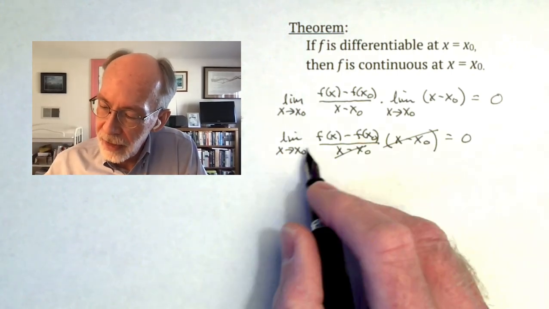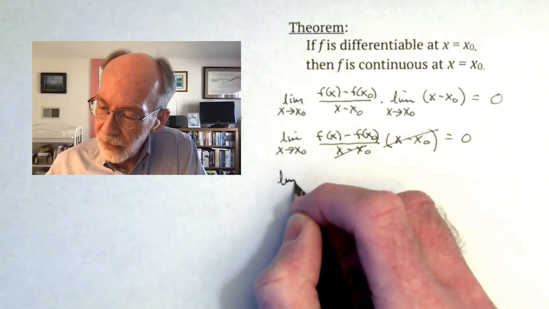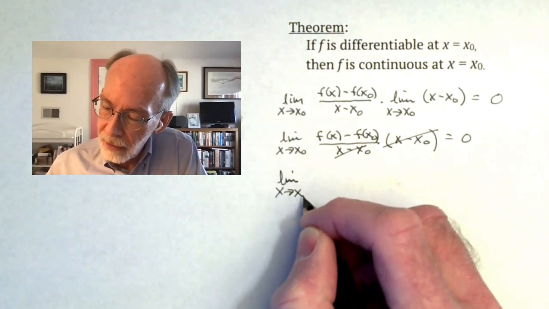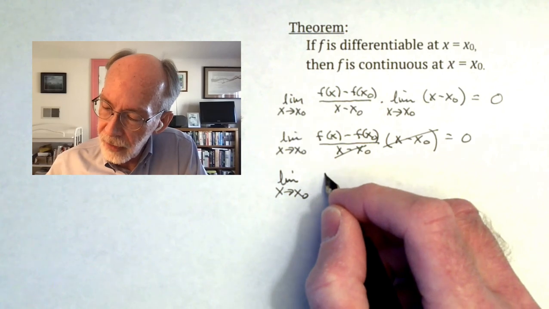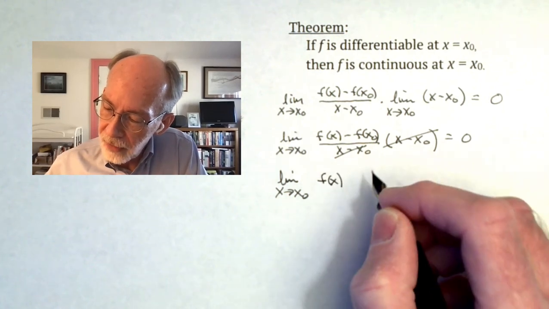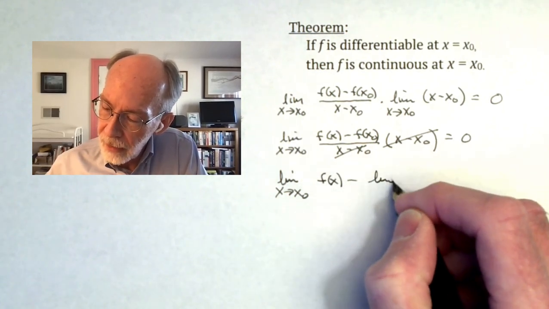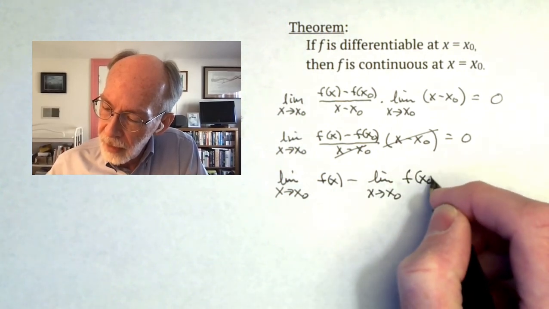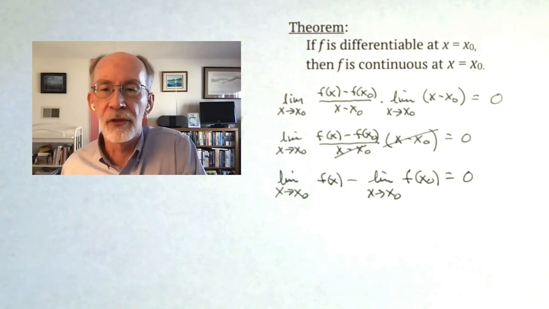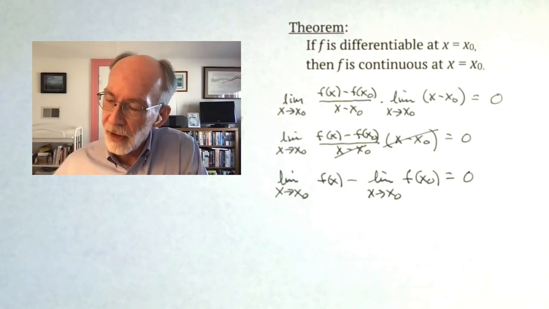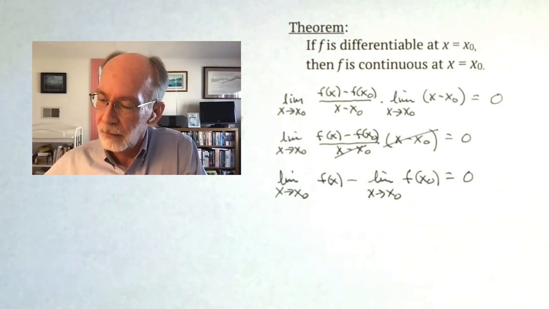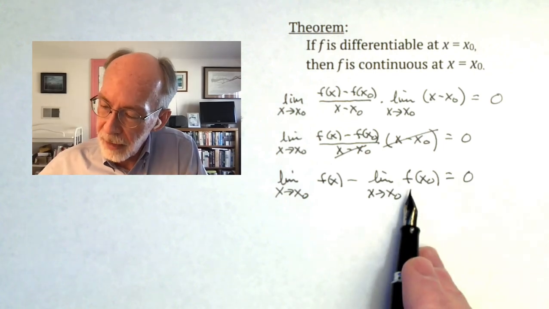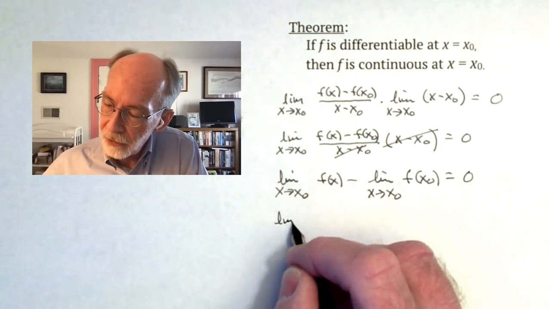So now we have the limit as x goes to x naught of f of x minus the limit as x goes to x naught of f of x naught, because the limit of a difference is the difference of the limits. But f of x naught is a constant after all. So I should just be able to write that as f of x naught.